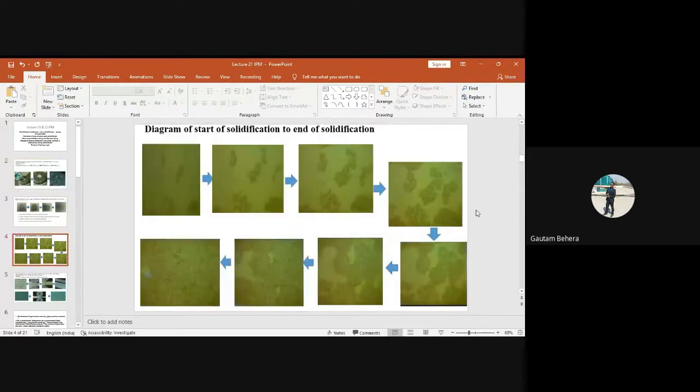Now just have a look. As you have understood, after solidification, we get a grain structure. We get grains and grain boundaries, obviously. Just have a look at how grain is forming during solidification. This is a liquid metal, for example.